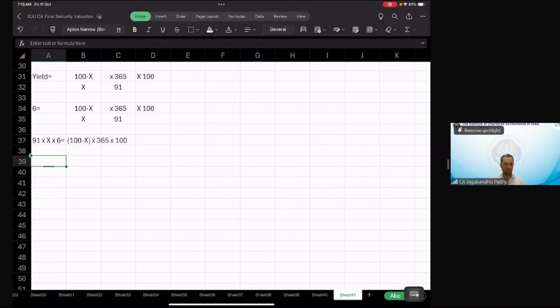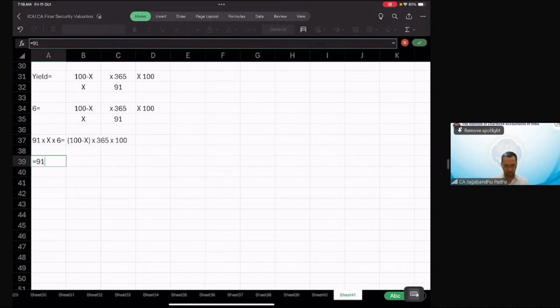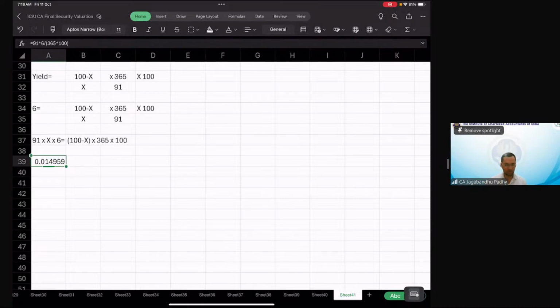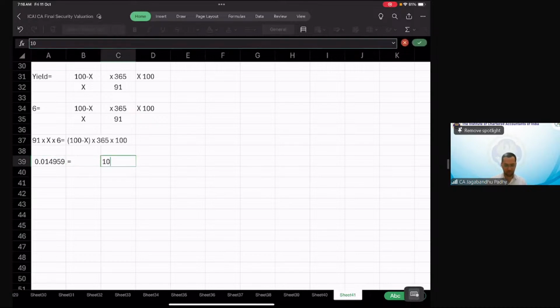So this entire portion is 91 into 6, divided by 365, and we can also divide it fully by 365 into 100. This is what we have on one side, and on the other side you will have 100 minus X.